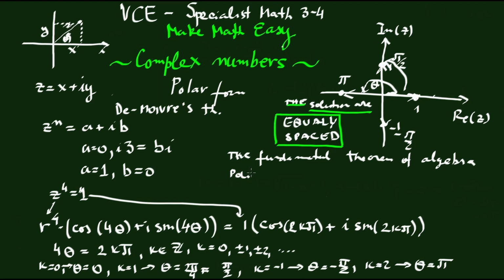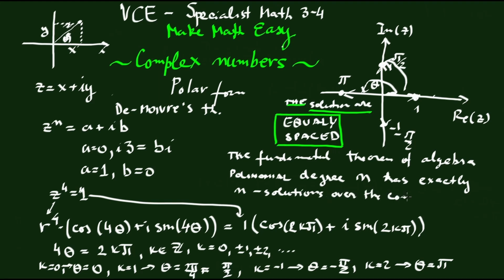So a polynomial of degree n has exactly n solutions over the complex plane.